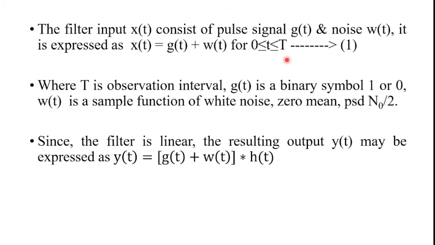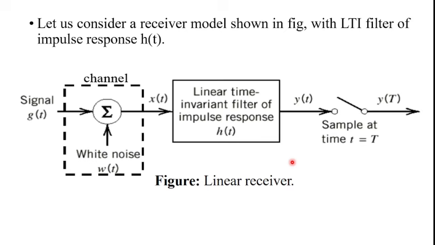Since the filter is linear, the output of the linear time invariant system y of t may be represented as follows. The output of a linear time invariant system is always the convolution of the input signal with the impulse response.